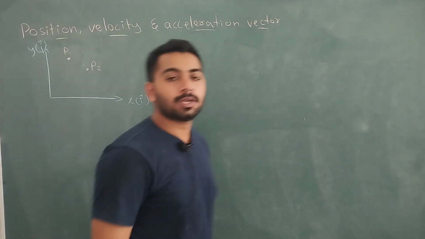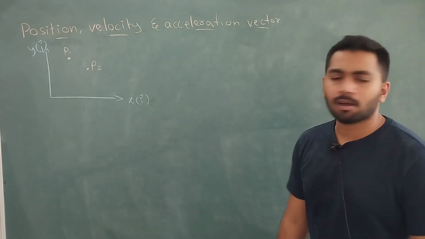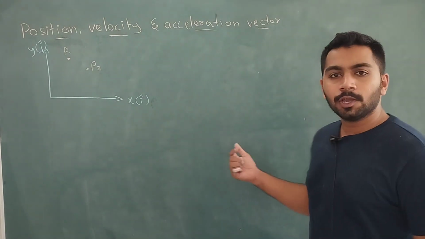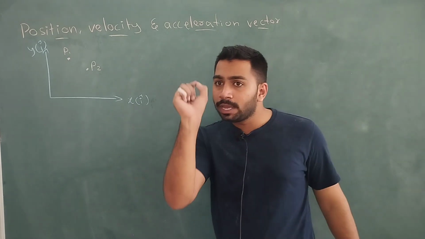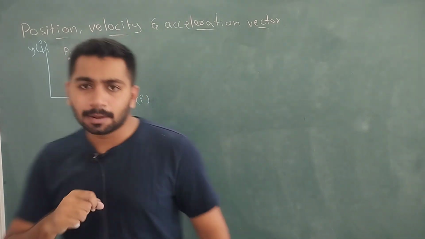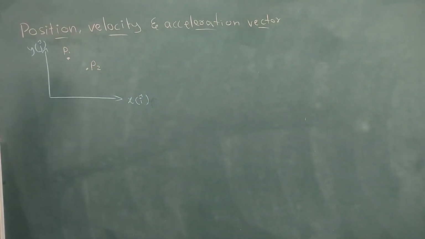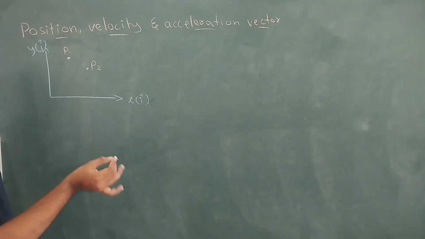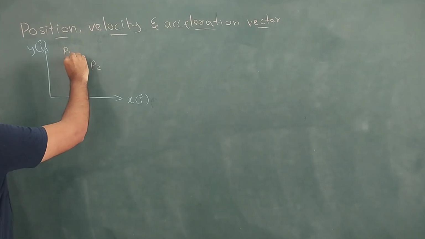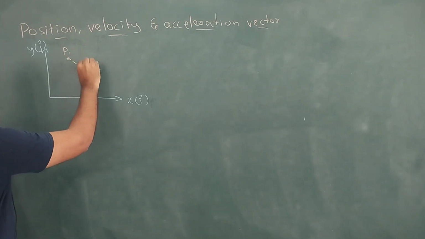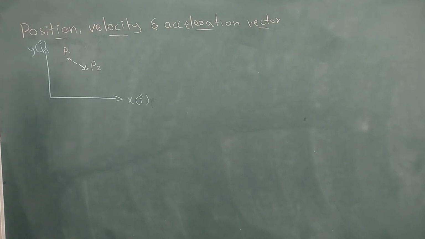Okay, in the last slide you just saw one point x, y, but here position is changing, so two points must be there. Similarly here I am taking two points P1 and P2. Now imagine we are traveling from P1 to P2.